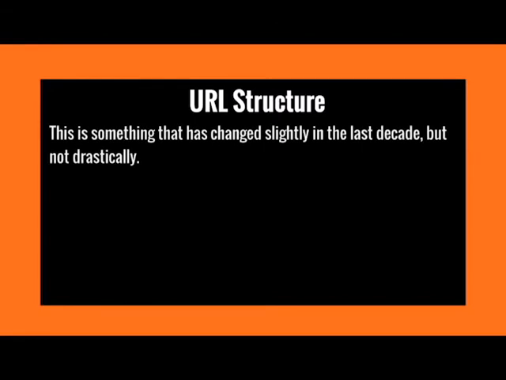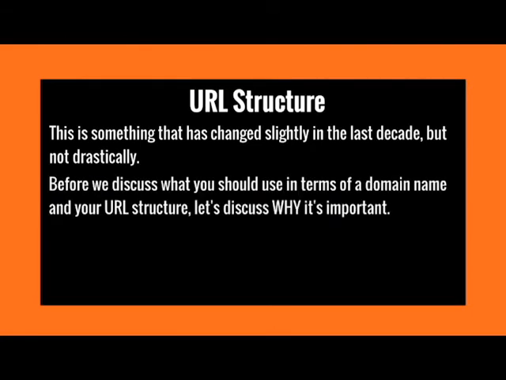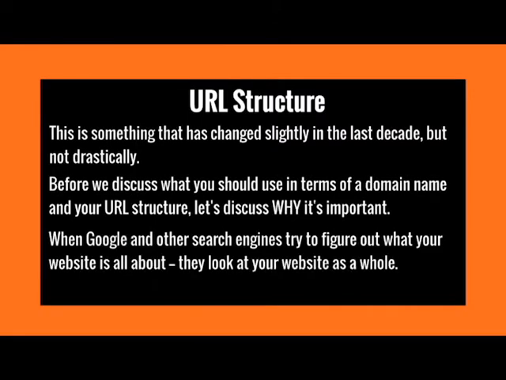We're going to talk about the URL structure. Now, this is something that has changed slightly in the last decade, but it hasn't changed drastically. Before we discuss what you should use in terms of a domain name and your URL structure, let's discuss why this is important. You see, when Google and other search engines try to figure out what your website is all about, they look at your website as a whole.